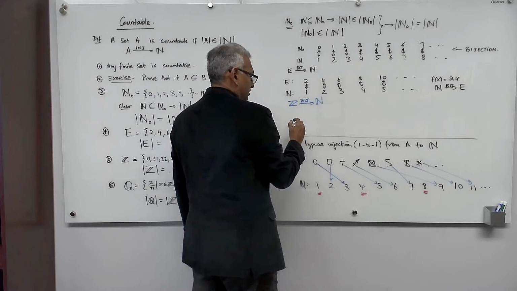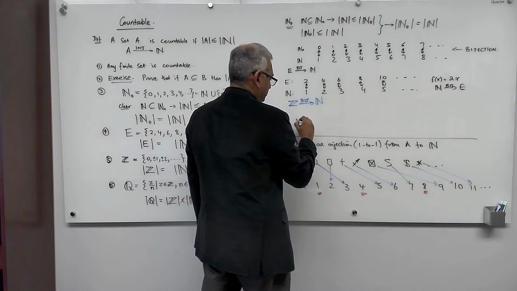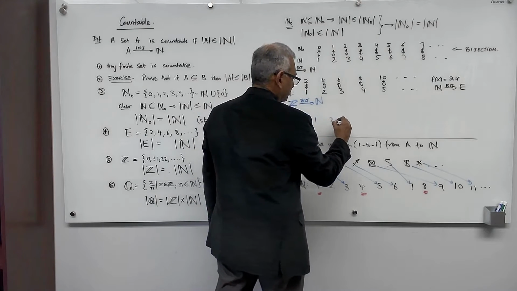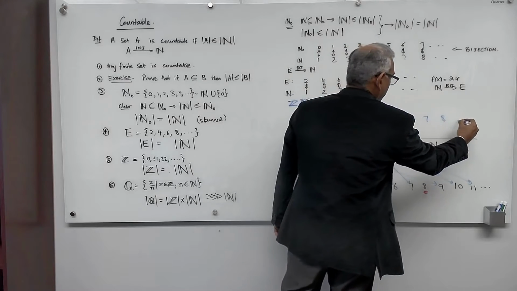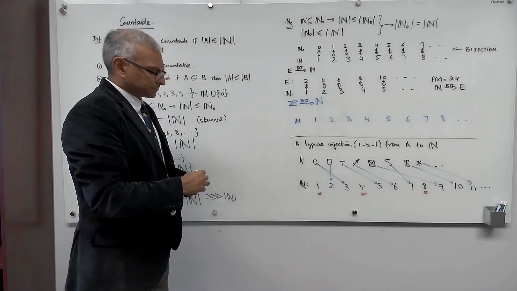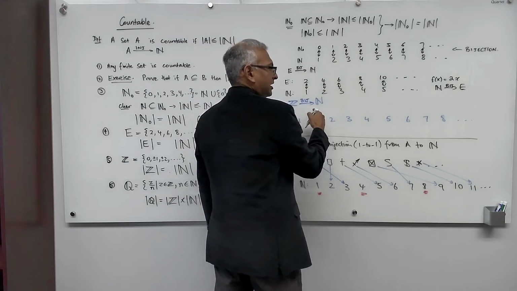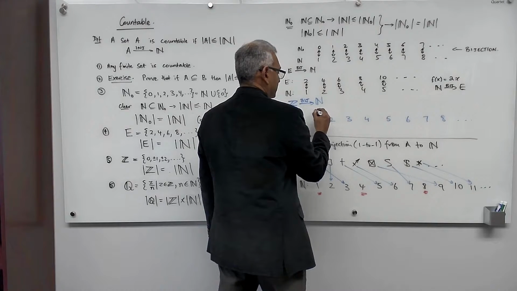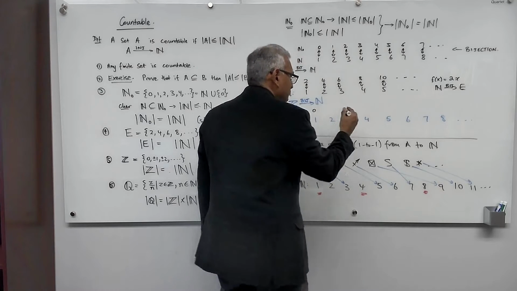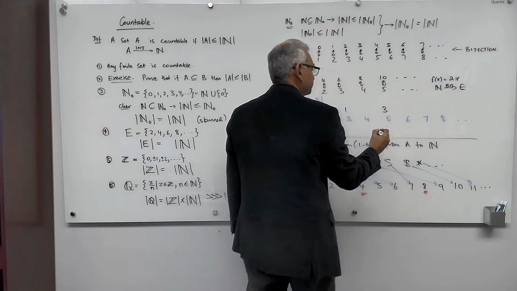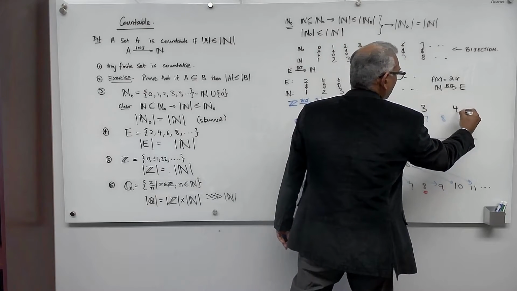So here are the natural numbers: 1, 2, 3, 4, 5, 6, 7, 8, and so on. And I'm going to put the non-negative integers up on top: 0, 1, 2, 3, 4, and so on.